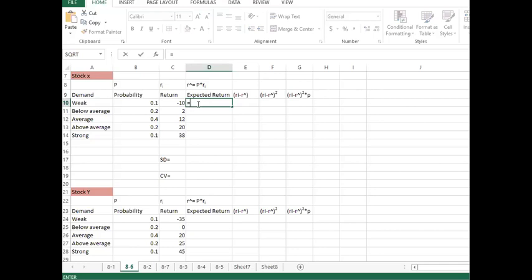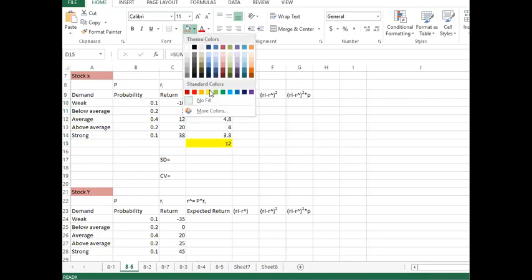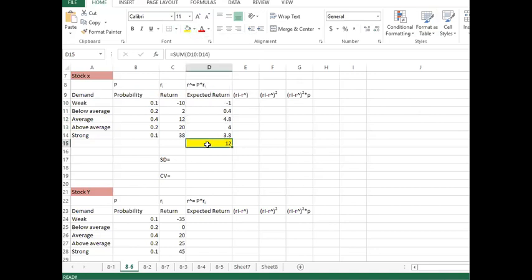So P multiplied by Ri. And then we take summation. So this is your expected return, or you can say this is your R hat. R hat is 12.